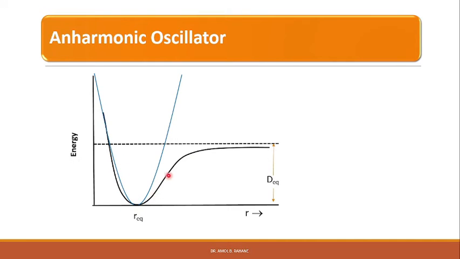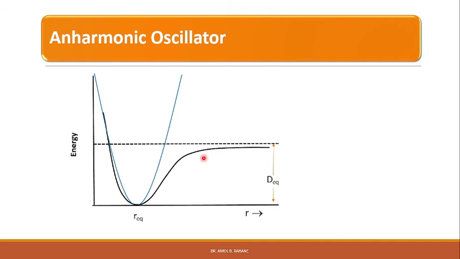When the separation between the two atoms increases, the bond between the two atoms breaks, right. At a particular point the bond breaks, and that particular energy we call the dissociation energy. So that dissociation energy is shown here. It is D equilibrium.